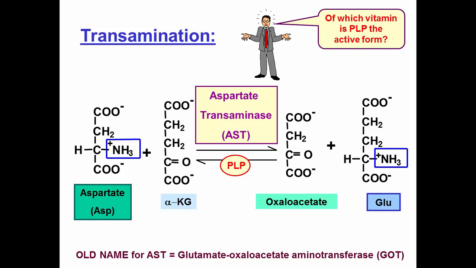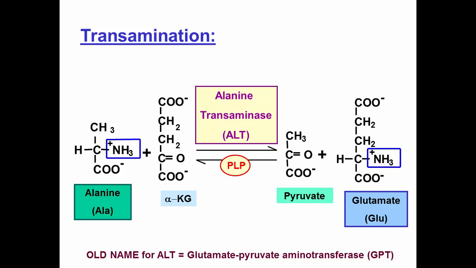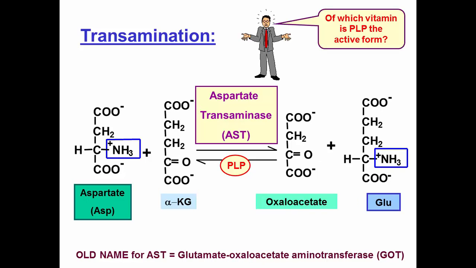Right now, if this is not all flooding back from biochem, you're going to think about the 3 amino acids involved in the 2 most important amino acid transamination reactions. The first I've told you about is aspartate transaminase. I've got the other one, alanine transaminase, on the next slide. So ALT and AST.